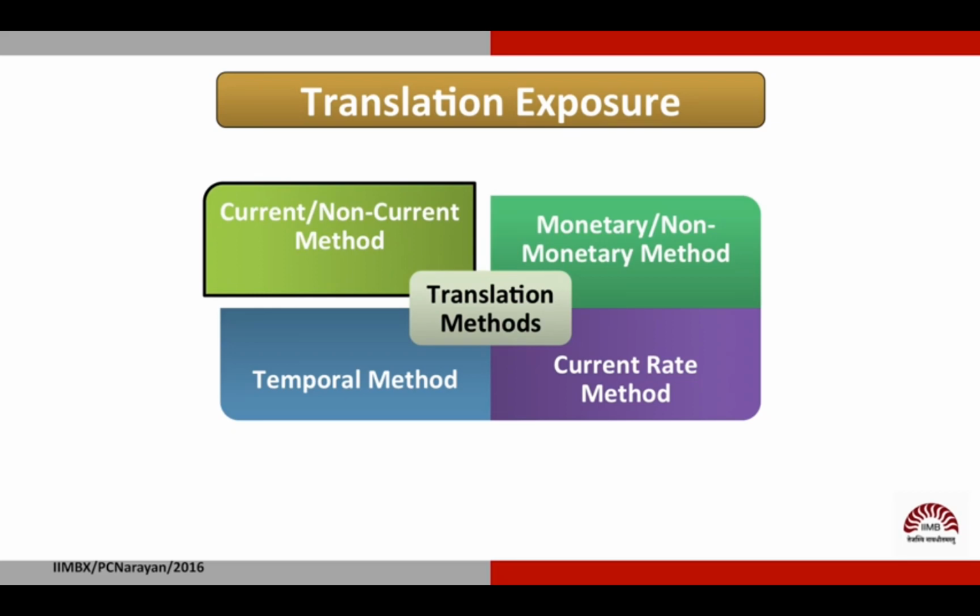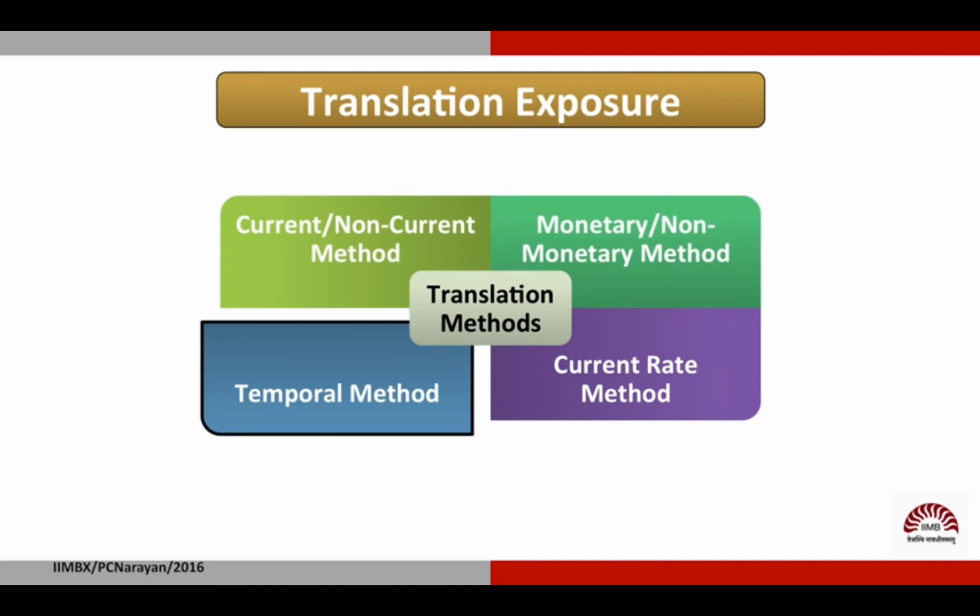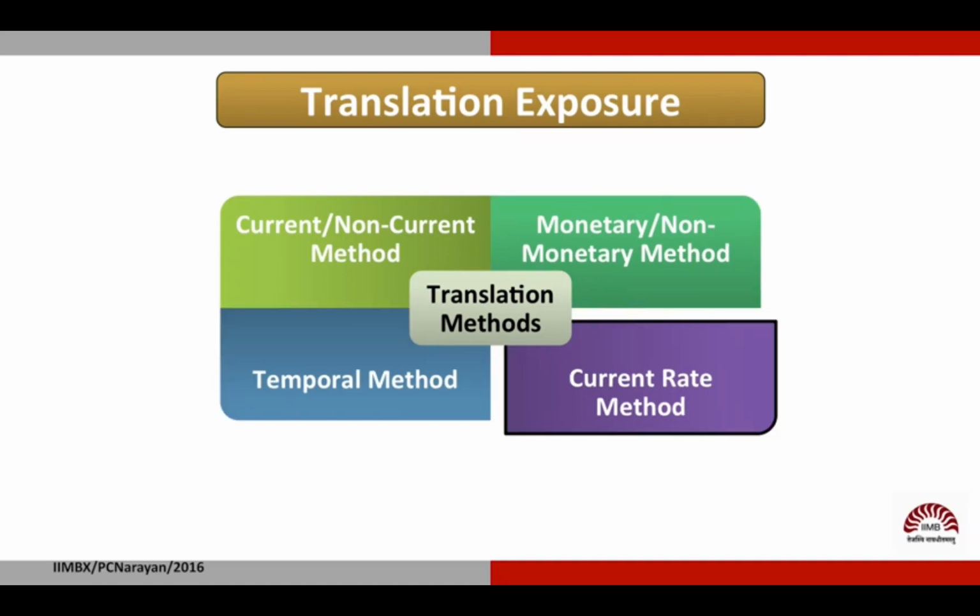Current non-current method. 2. Monetary non-monetary method. 3. Temporal method. And 4. Current rate method. In the next few minutes, we will look at the differences in these 4 methods and capture them sequentially in a spreadsheet. First, current non-current method.